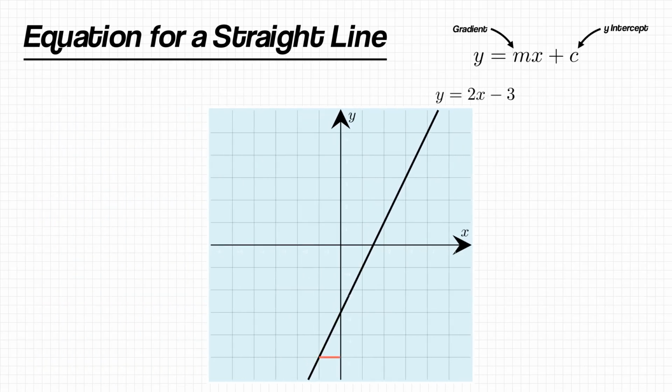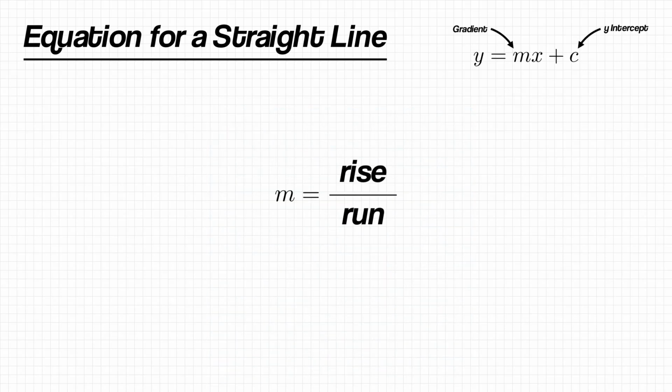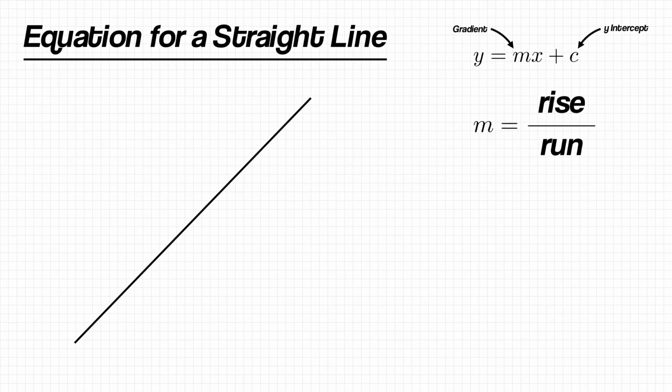We can see the gradient of our line is 2 because for every unit we travel along the x-axis, the line increases by 2 units along the y-axis. In general, the gradient of a straight line is the rise over the run. We need to be able to calculate the gradient of a line that goes through two arbitrary points in the coordinate grid.